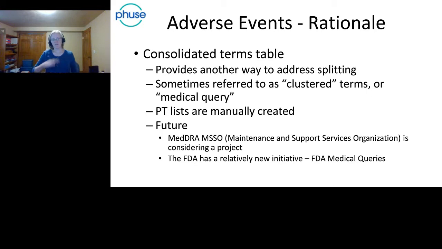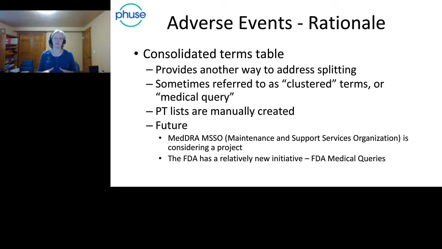Other lists, like a standardized MedDRA query, are more about combining terms that are not necessarily identical, but are consistent with a particular broader medical concept, right? So this is meant to be different than those broader lists that might have a purpose for some safety topics of interest. This is really meant to address the main problem, that we have things that are essentially the same thing going to different MedDRA preferred terms. And we don't want to miss a signal because of that.